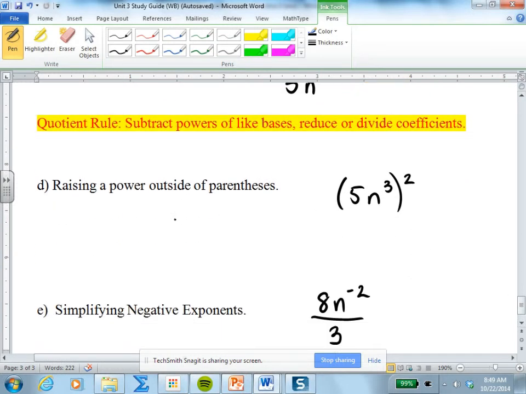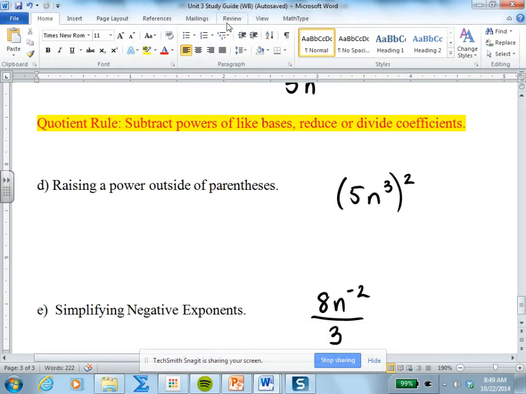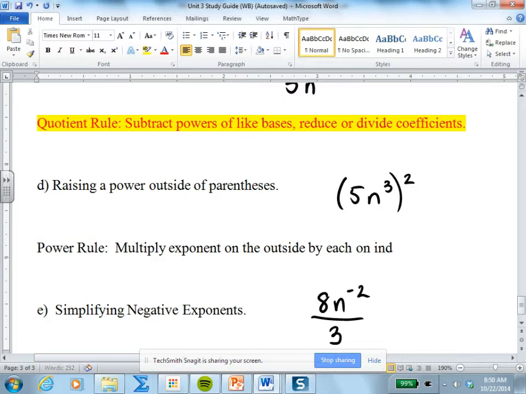Okay? Raising a power outside of a parentheses, we are going to use the power rule. Multiply the exponent on the outside by each exponent on the inside of the parentheses.